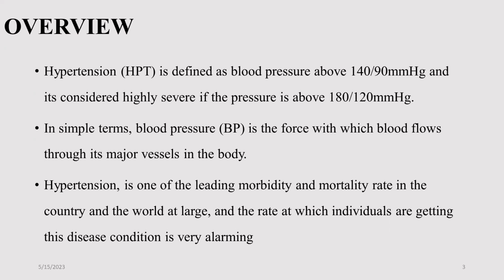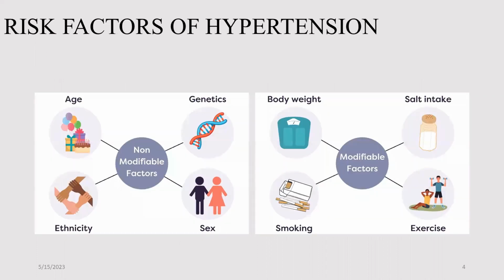So hypertension is one of the leading causes of morbidity and mortality in this country and the world at large. The rate at which individuals are getting high blood pressure complications is becoming very alarming. That is why it's necessary for us to do something about it.